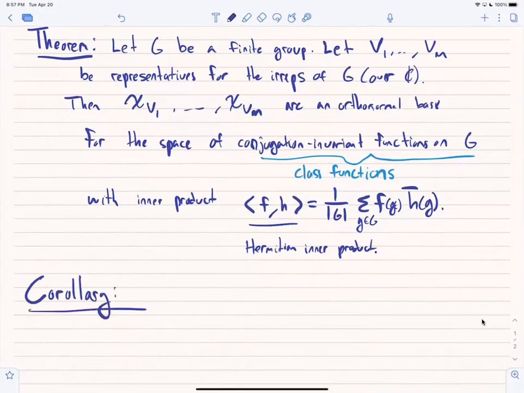One corollary is that this gives you a precise count for the number of irreducible representations. How does it do that? Well, the dimension of CG, the class functions on G, is equal to the number of conjugacy classes.